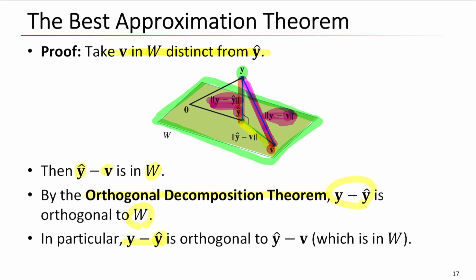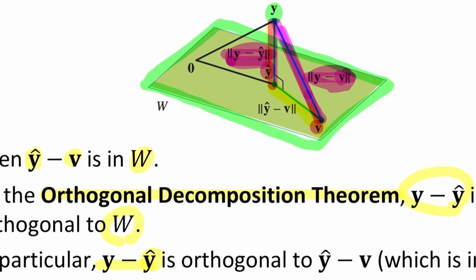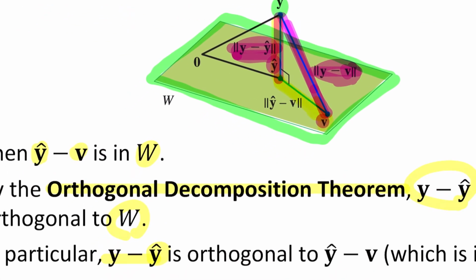In particular, Y minus Y hat is orthogonal to Y hat minus V, right? Why? Because Y hat minus V is in W space, and the vector Y minus Y hat is orthogonal to every vector in W space.